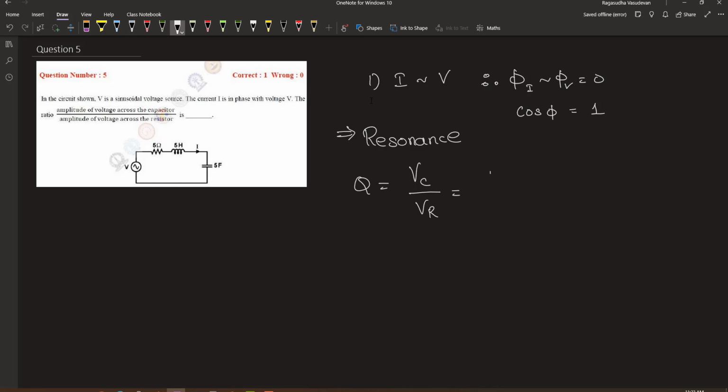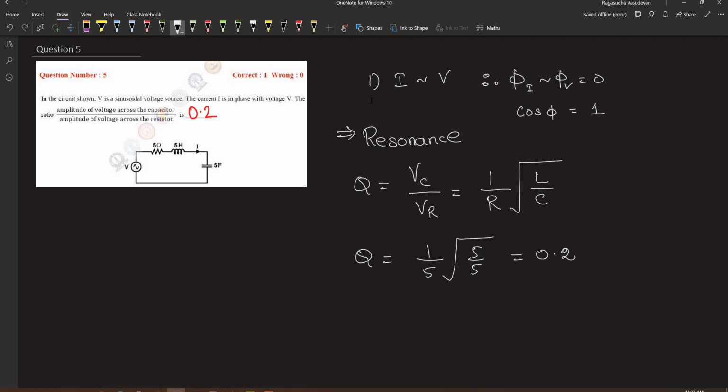So this is given by 1 divided by R into the square root of L by C. The value of Q factor is equal to 1 divided by 5 into the square root of 5 divided by 5. So this is equal to 0.2. The Q factor of the circuit is 0.2.